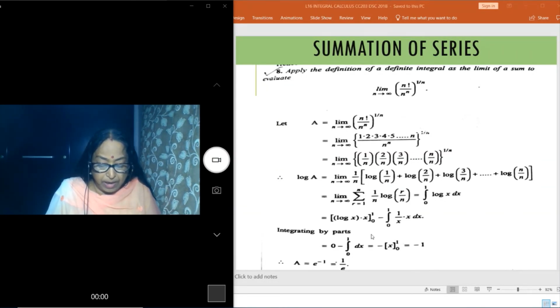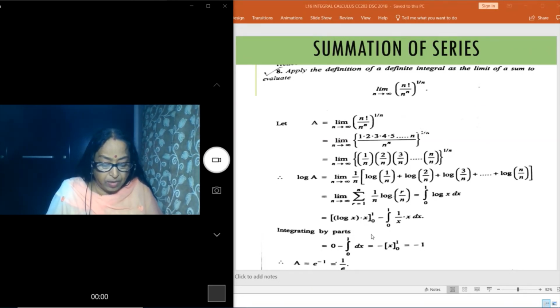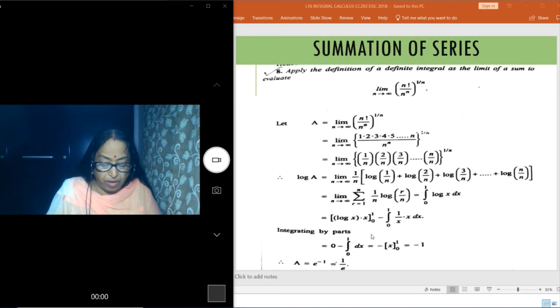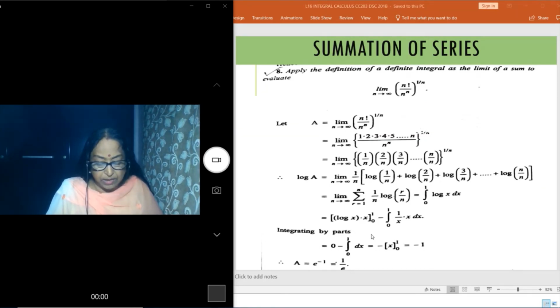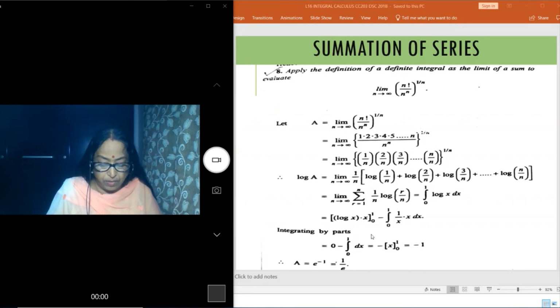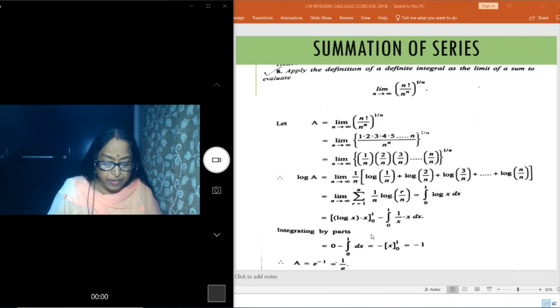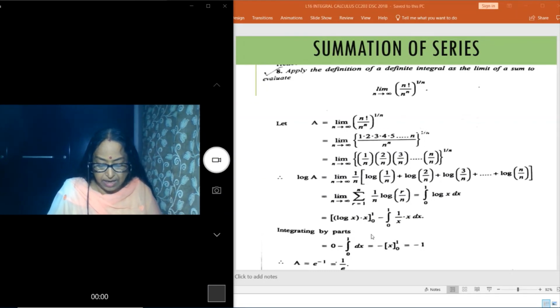So 1 by n into 2 by n into 3 by n, because these are all multiplied. Taking log on both sides, we can write it as 1 by n [log of 1 by n plus log of 2 by n, and so on]. This is equal to 1 by n log of r by n, which can be written as the integral 0 to 1 of log of x dx.